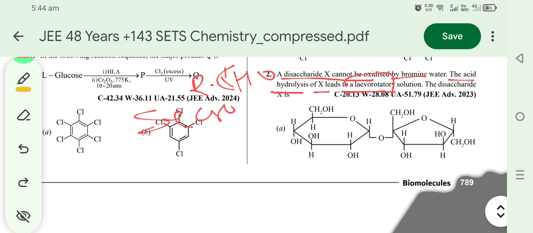So in option A, sucrose is present. It is alpha-D-glucose and beta-D-fructose, both having glycosidic linkage at the first carbon of glucose and the second carbon of fructose, present in option A.